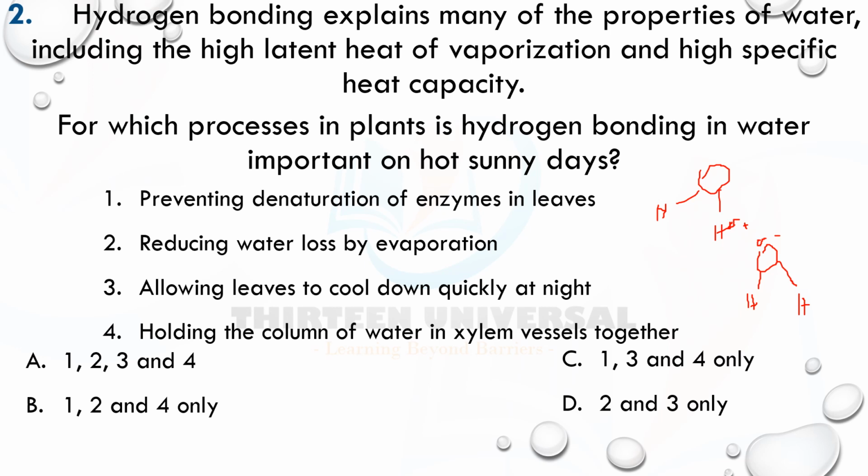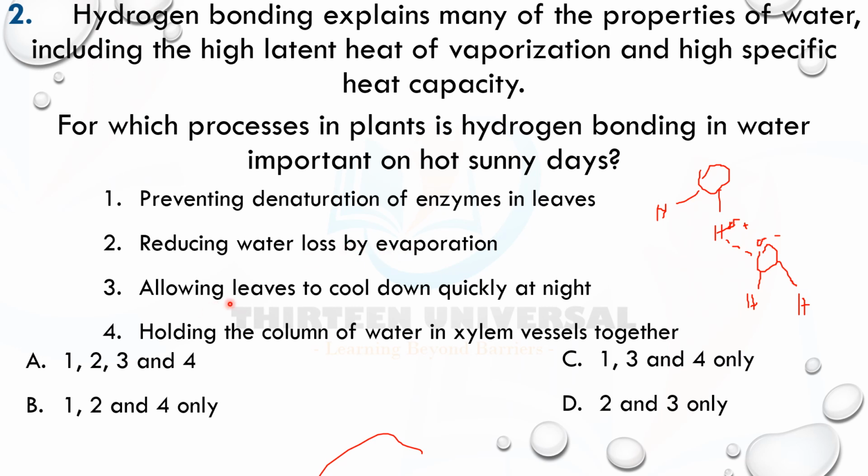Because this is positively charged, there's a hydrogen bond formed between them. This is it. So a lot of heat is needed to break this hydrogen bond. Okay, so that's going to reduce the rate of evaporation. Evaporation is movement from liquid to vapor. So the heat that is needed to break this bond is high. So this is also an important process.